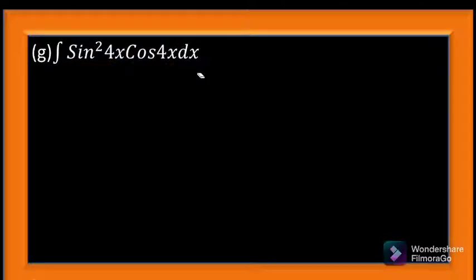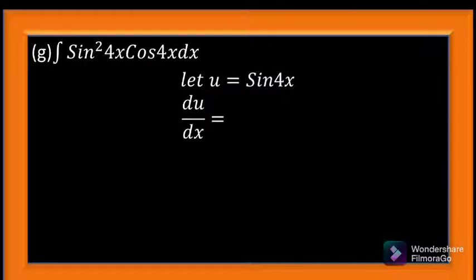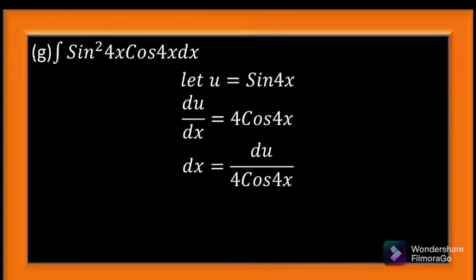So now it means that we shall say let u equal sine 4x. du/dx will become 4 cos of 4x. dx alone becomes du out of 4 cos of 4x. And then we go for the substitution.